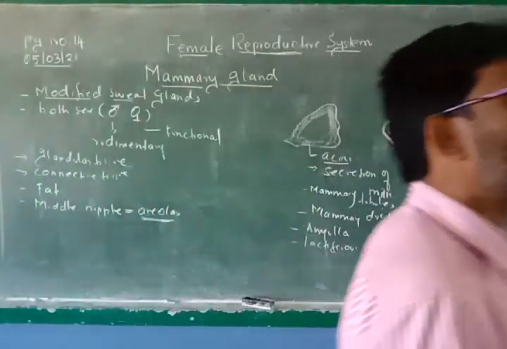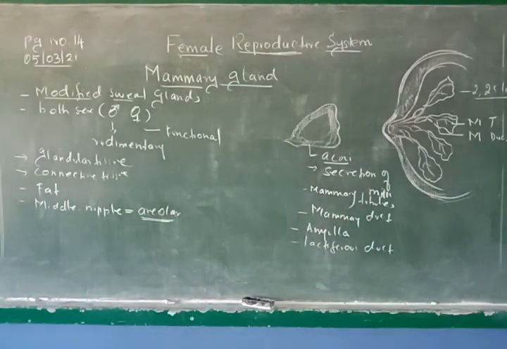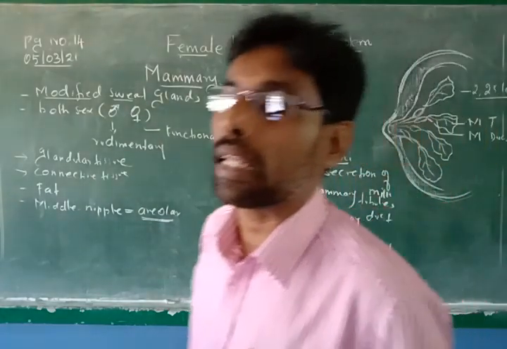The third question, the main tissue present in the breast is the glandular tissue. Then the fourth one, the mammary ducts connect to the ampulla, which is connected to a tube called the lactiferous duct. The last one, Skene's gland is homologous to the prostate gland in male.